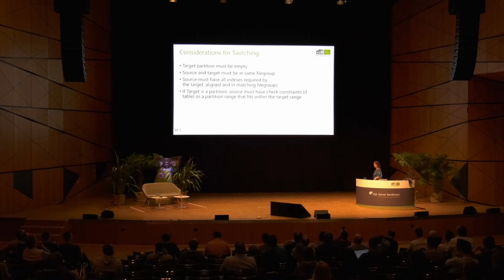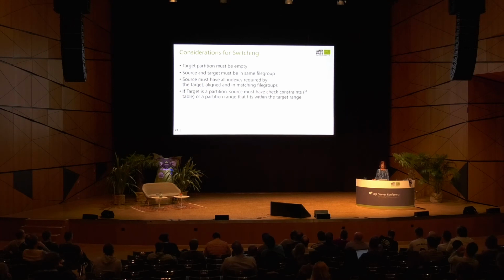So a few other things to think about. I did mention a couple of times the target has to be empty. The source and the target must be in the same file group. That's something that sometimes people forget or mess up on. If we want no data movement, they have to be on the same file group so the data can just sit where it is. There's a list of other requirements you can check in the documentation, but the most important second thing besides the same file group is that the index structures have to be the same.